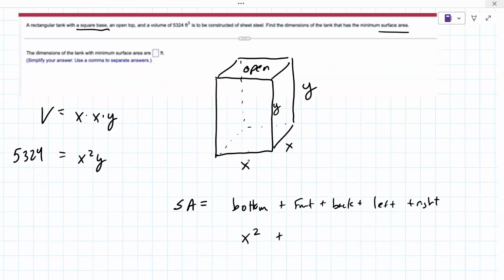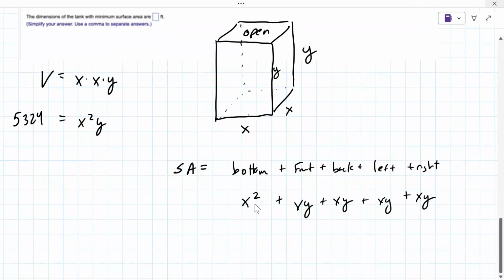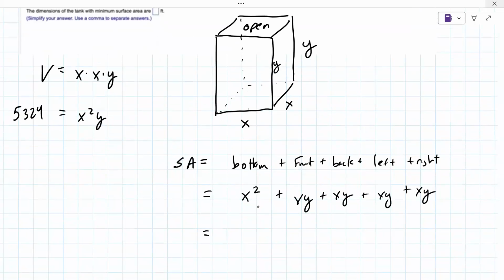The front, and it's okay to relabel these, is xy, the back is also xy, the left side is also xy, and the right's also xy. But there's no top. Any questions, thoughts on that? No. So that's x squared plus 4xy.